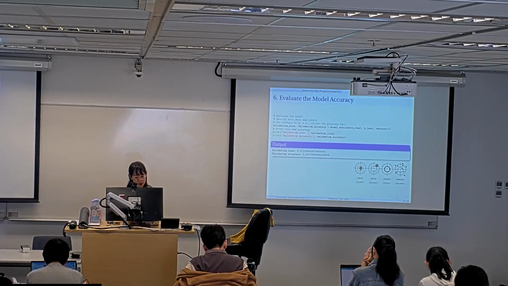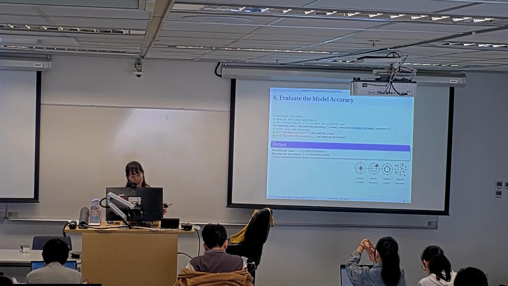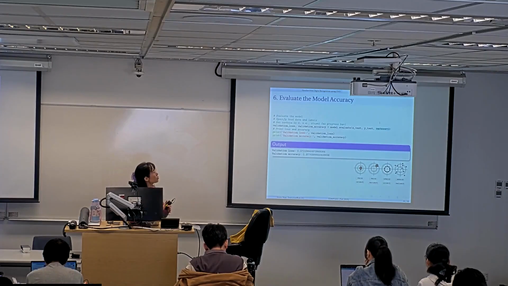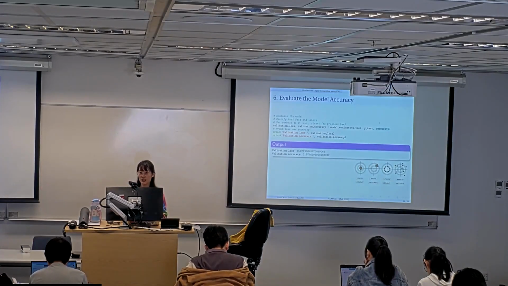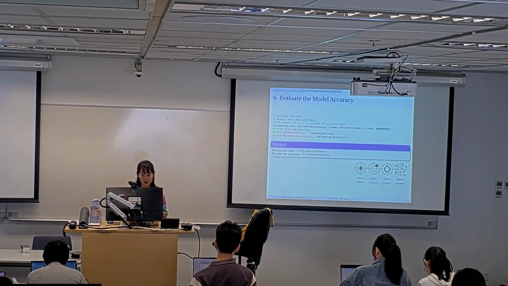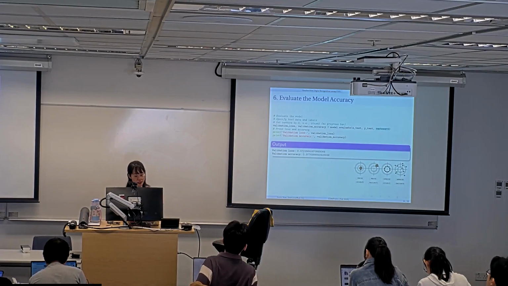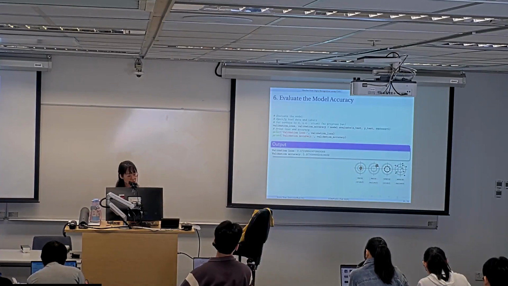We directly use model.evaluate, with x_test and y_test as the testing data, and verbose is 0. Verbose 0 means silent, so there is no progress bar showing the evaluation process. Of course, you can also set verbose to 1, and that means it will have a progress bar to show you that. After that, we print the loss and accuracy.